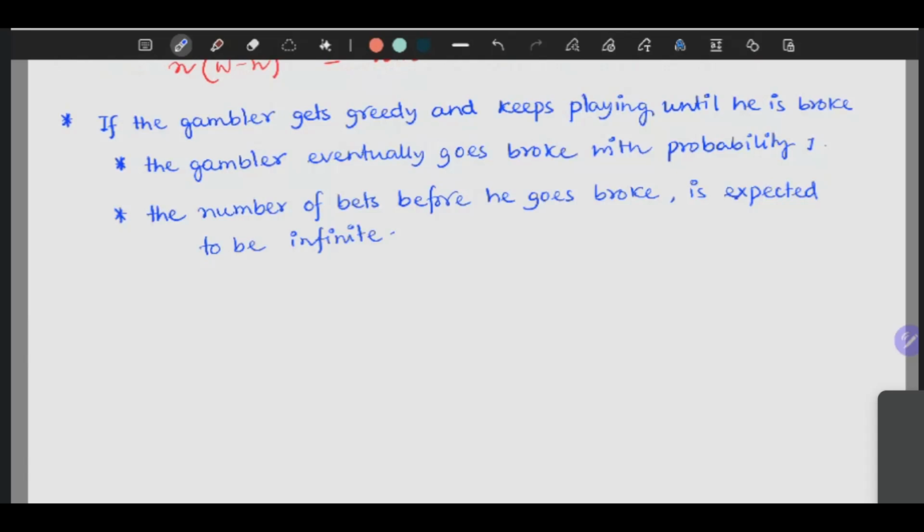So from here you can get a nice message that in gambling, if you are ahead or if you win something, stop playing. That will be your first mantra. Because if you are greedy and keep playing, everything will be ruined at some point of time.